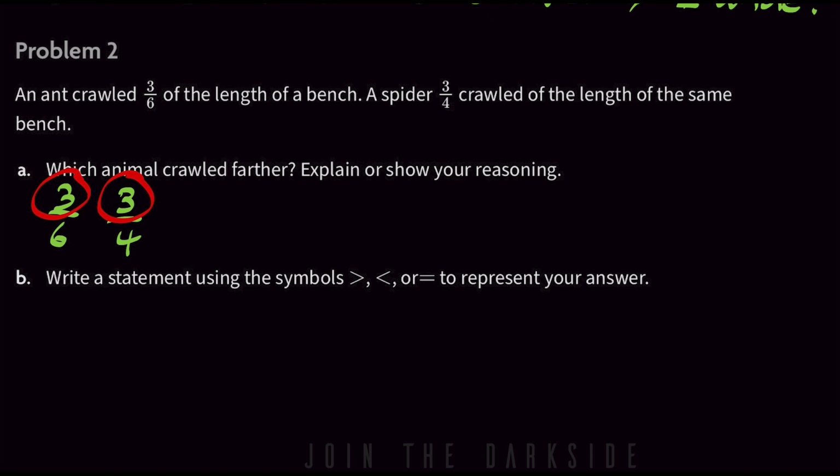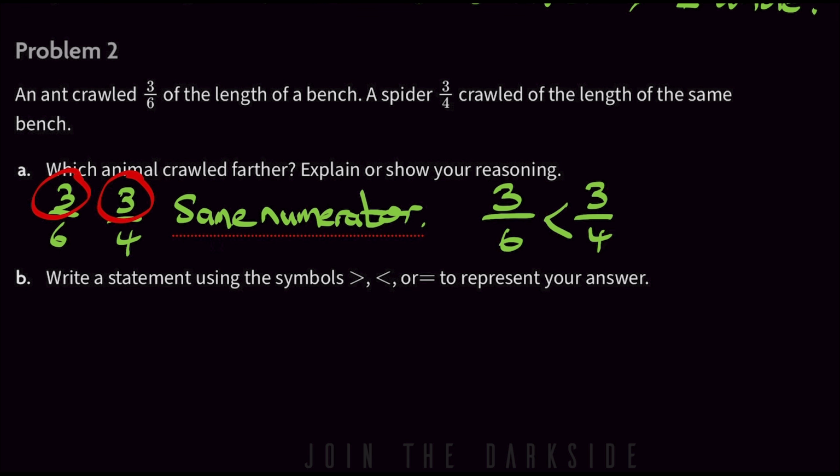Since they have the same number of pieces, I'm just going to take a look at the denominator to see which pieces are larger. And 6, being a larger number, means more pieces are going to have to fit on the same whole. So 3/6 compared to 3/4, since sixths are smaller, 3/6 is less than 3/4.